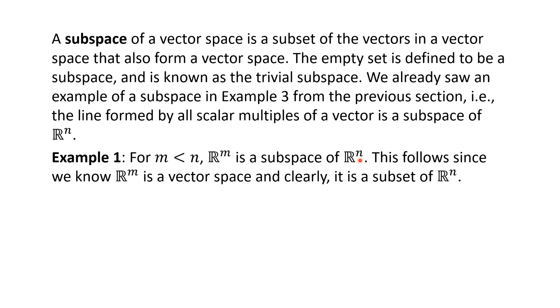So for example, if we start with three-dimensional Euclidean space R3, then R2 is a subspace of R3, and R1 is a subspace of R2. It's also a subspace of R3. In fact, there are multiple isomorphic two-dimensional subspaces in Rn, but we'll get to that later.